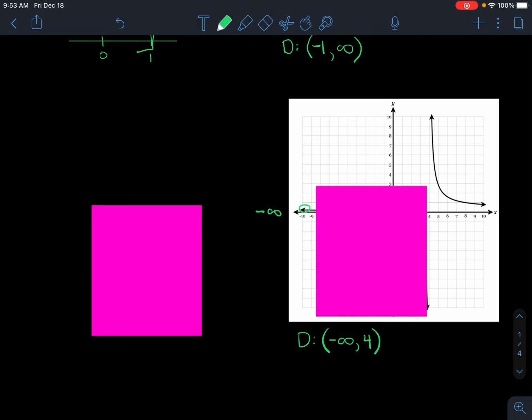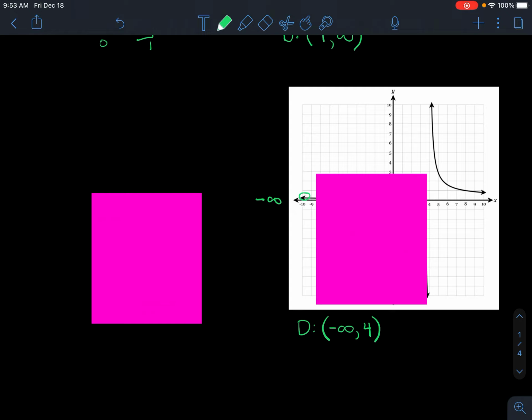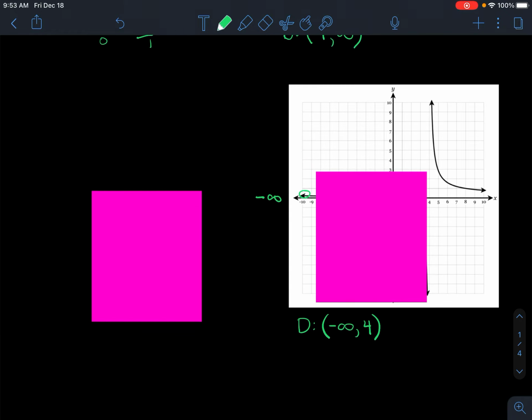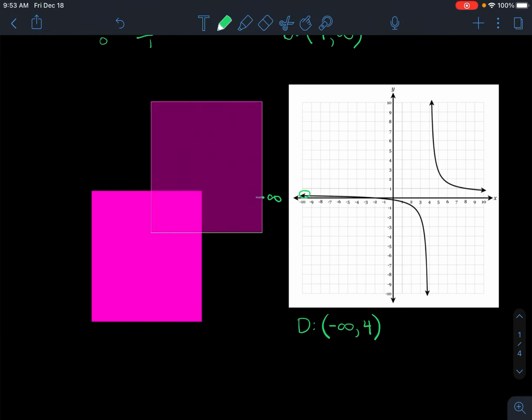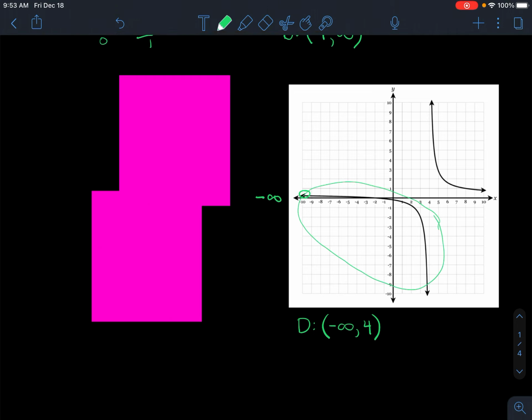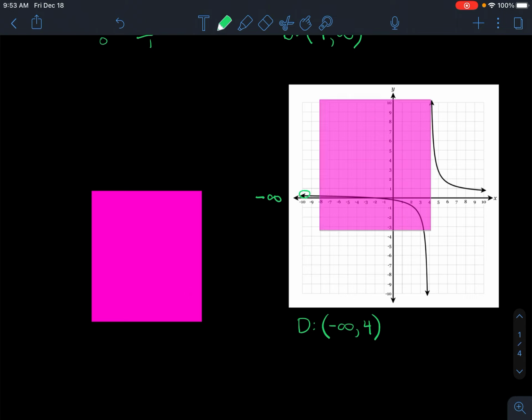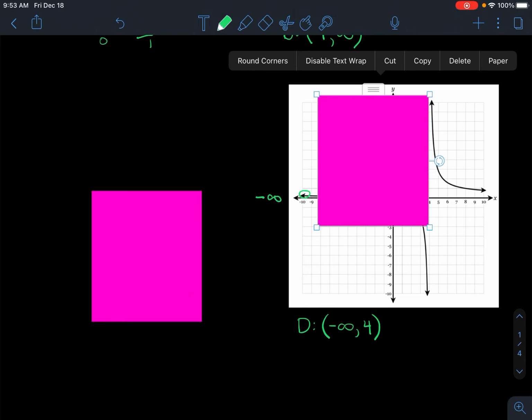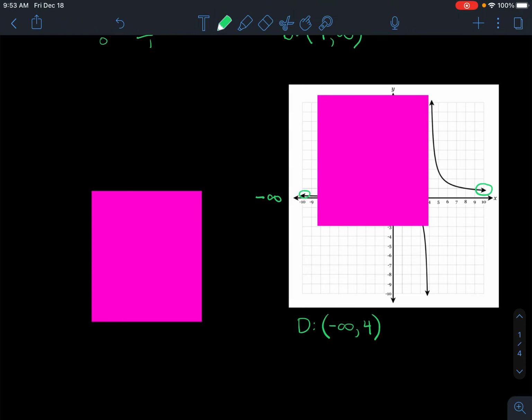So that only describes this first chunk of my graph, okay? I'm having a hard time with these sticky notes here. It only describes this first chunk. I have to still figure out the domain of that second chunk there, okay? So that second chunk, it starts at 4, and then this arrow means that it keeps going to infinity.